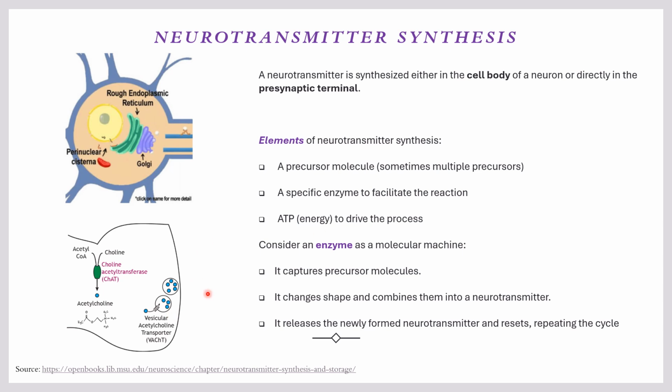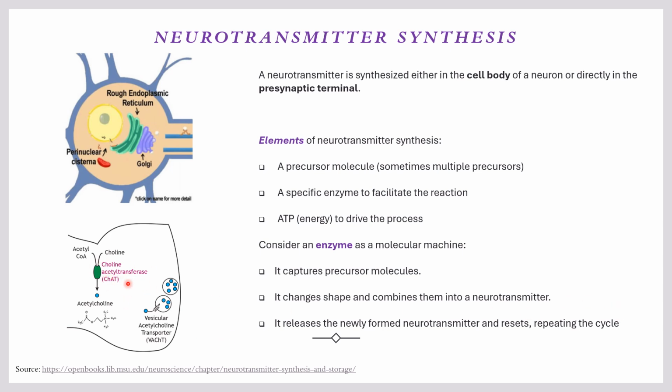In the presynaptic terminal, acetylcholine is synthesized from acetyl coenzyme A, acetyl-CoA, and choline via the enzyme choline acetyltransferase. The level of enzyme activity is the rate limiting step in the synthesis pathway.